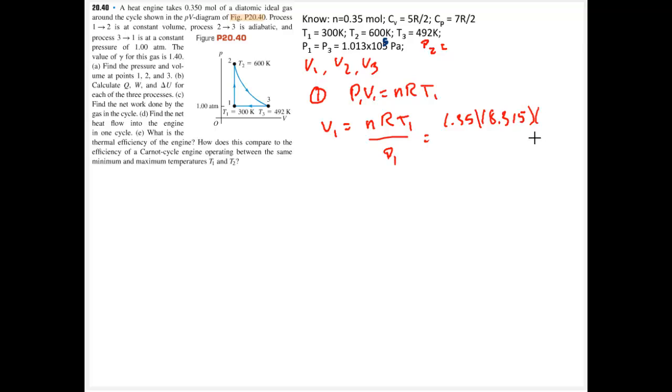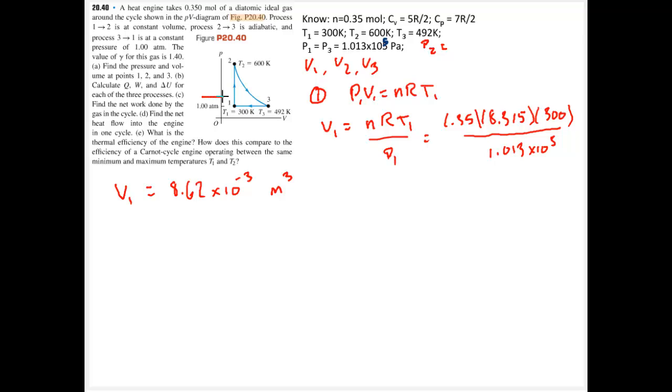But we got the temperature, we just read that off as 300 degrees Kelvin, and the pressure is going to be 1.013 times 10 to the 5th pascals. So V1 is going to be equal to 8.62 times 10 to the minus 3 cubic meters.